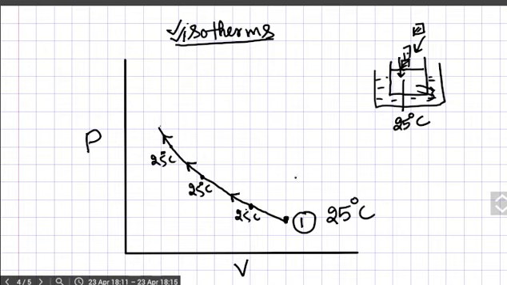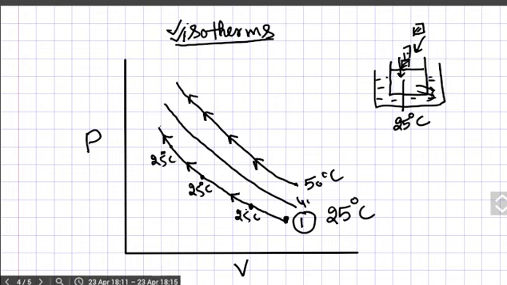In the same way, if you start with a gas that is at 50 degrees centigrade, that path will go this way, and here the temperature will always be 50 degrees centigrade, and in between if some path is at 40 degrees centigrade, you can draw so many paths, one for each temperature.